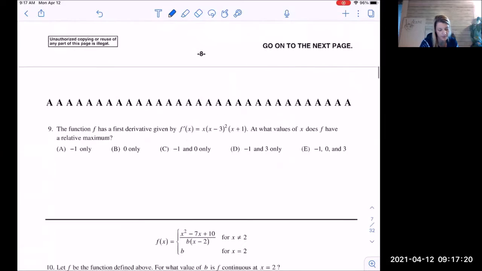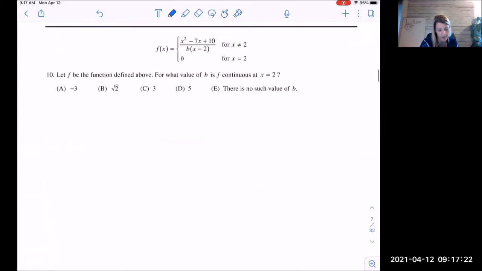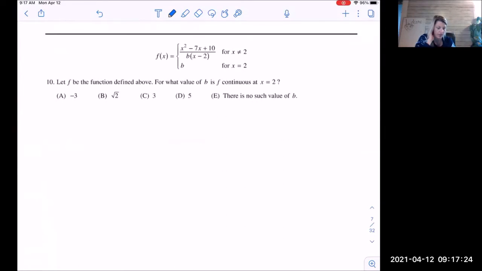All right, number 10. I'm just going through the list that people have been sending me. What value of b makes f continuous? So basically those are two different pieces, right? Actually, no, that's not true.